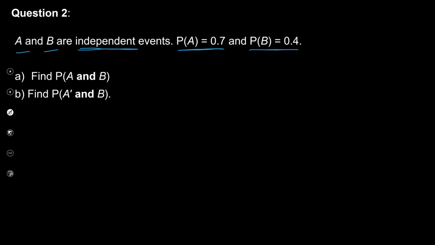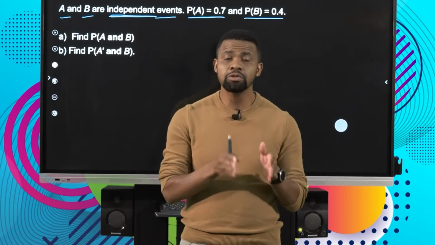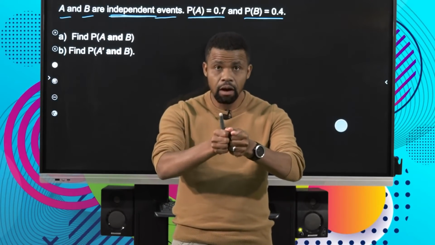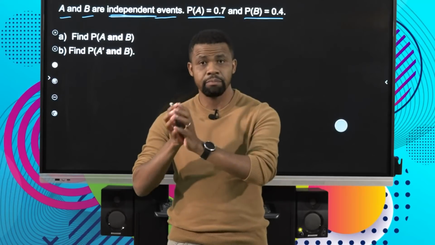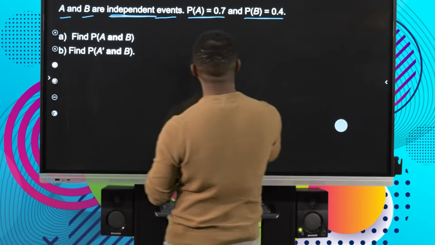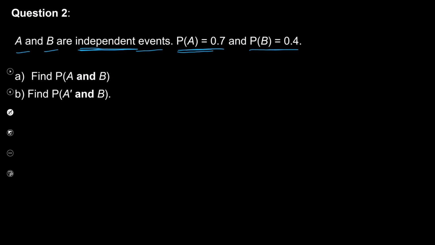Are we all together? So what does independent mean? What we know is that if events A and B are independent, the probability of A and B occurring is the probability of A multiplied by the probability of B. And if you look at this question, we're given the probability of A and the probability of B. Are we all together?